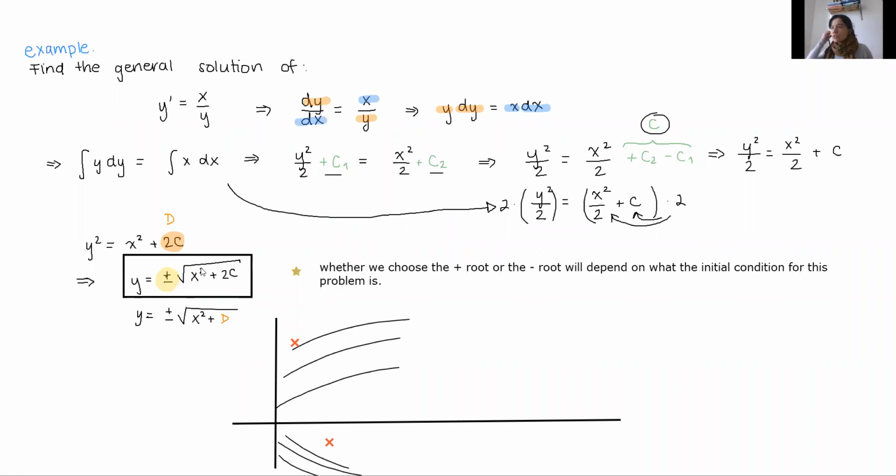Okay, so I'm going to move to the next page and give you the next problem. We have an example, and for this one you're going to have to solve a full initial value problem.